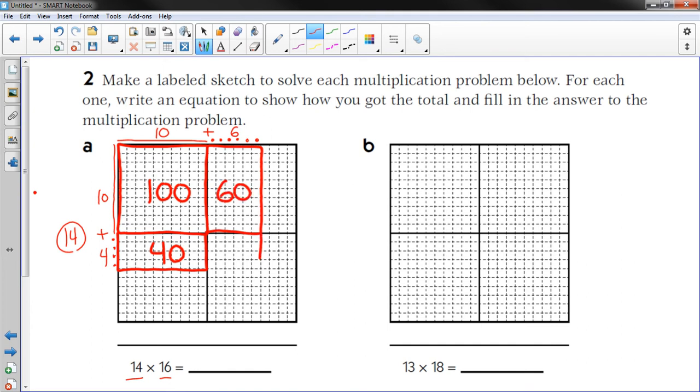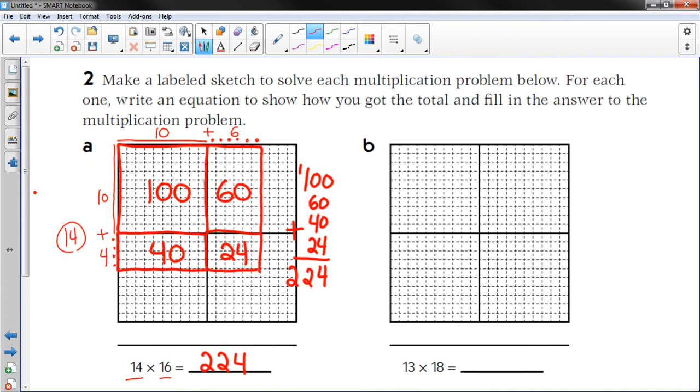And lower right-hand corner, 4 times 6 is 24. So I have 100, 60, 40, 24. It's 4, 6 and 4 is 10, plus 2 is 12, carry the 1. My answer is 224.